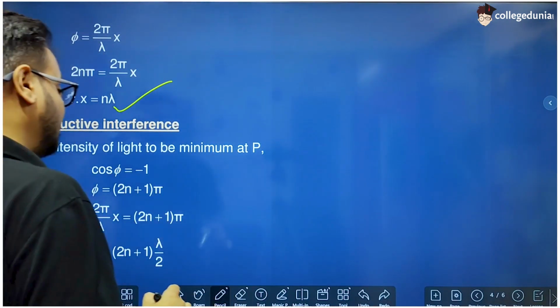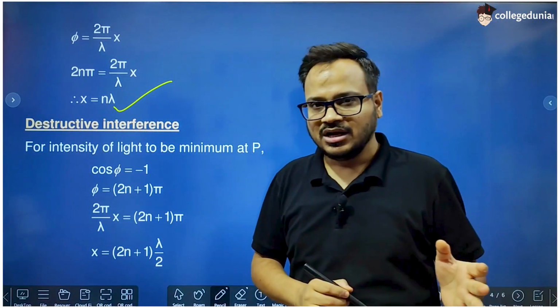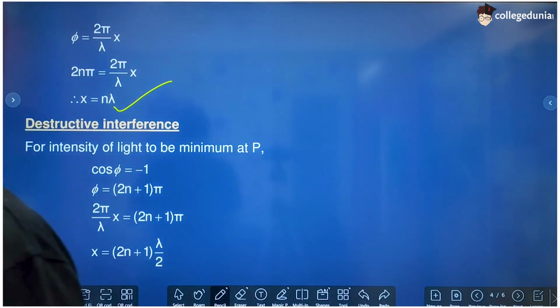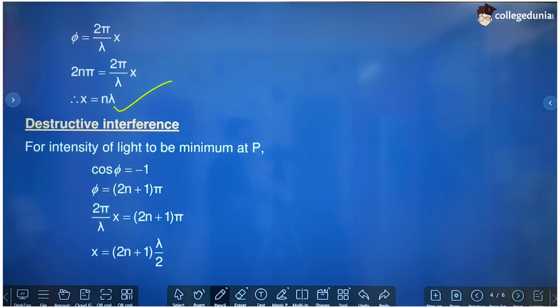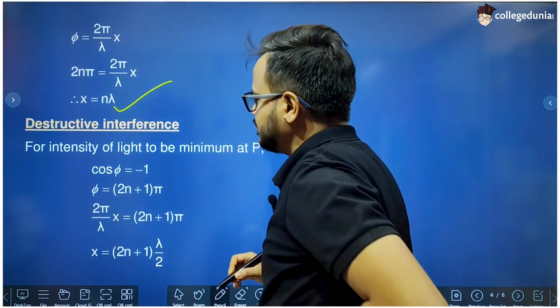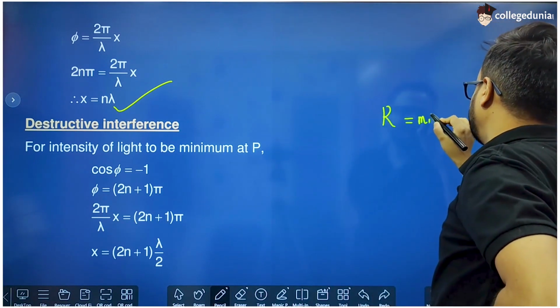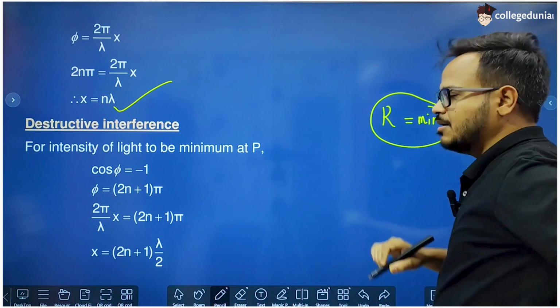Now what is destructive interference? Destructive interference is where the dark band is forming, where the crest is falling on the trough and the trough is falling on the crest and they are cancelling each other. In case of destructive interference, R has to be minimum.